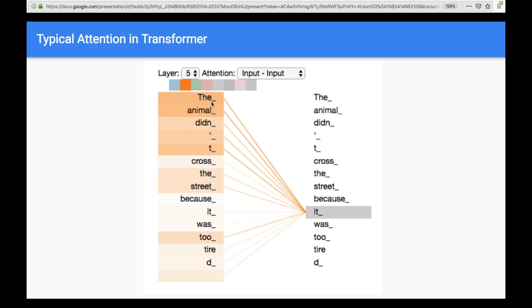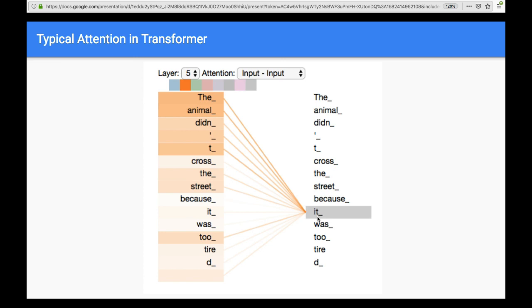So it depends on context, and in this context, it basically represents the animal. The model knows that it in this context represents the animal, so it will pay more attention to the animal. So the vector or the representation for this it will contain more semantic meaning of animal-related things.